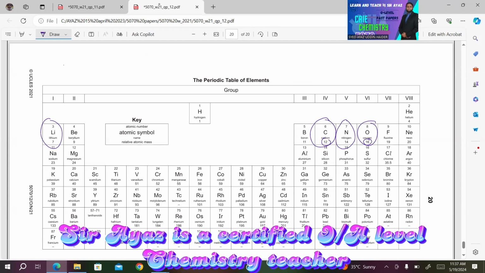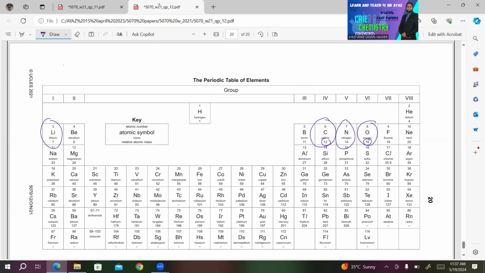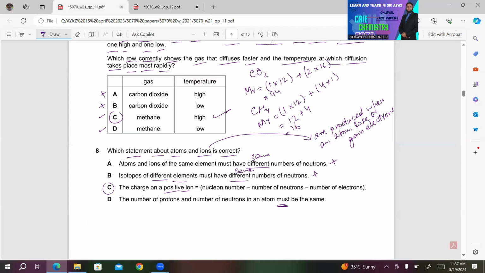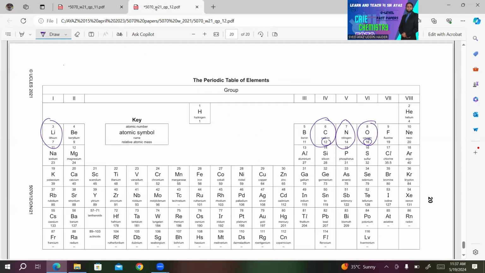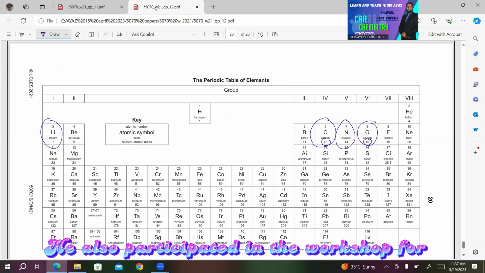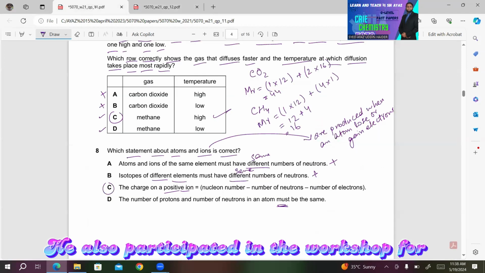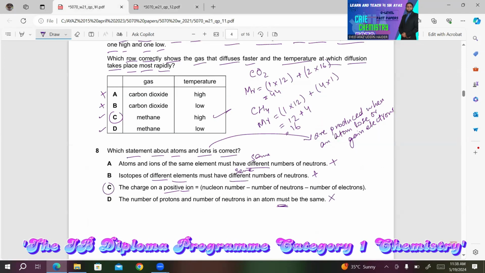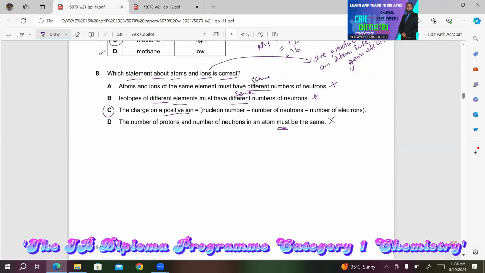And in nitrogen, if you subtract 7 from 14, you will get 7 as its number of neutrons. So in the case of nitrogen, the number of protons and neutrons are the same, but in lithium, it's not. So this is also incorrect. So choice B must be the right answer for number 8.